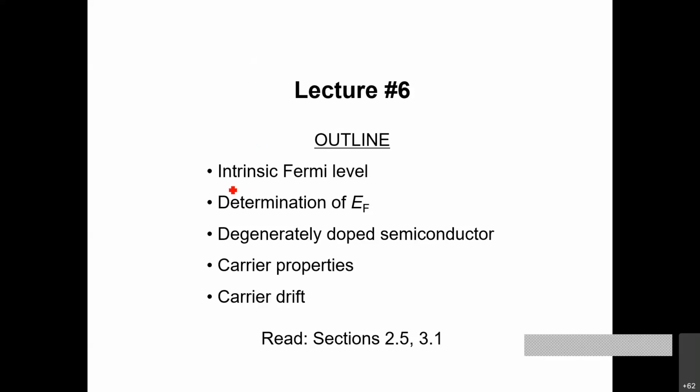In this lecture note number 6, we're going to study the intrinsic Fermi level. Previously, we learned the Fermi energy level, but this time we're going to study the intrinsic Fermi energy level, denoted as E sub I. And the determination of E sub F, how to get this energy level, for the degenerately doped, or simply speaking, heavily doped semiconductor.